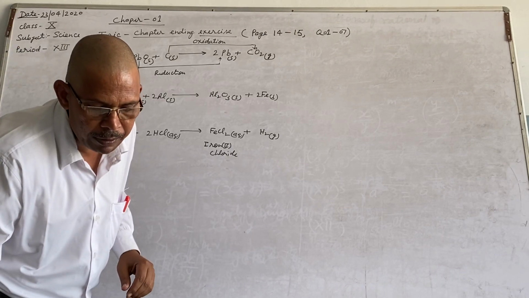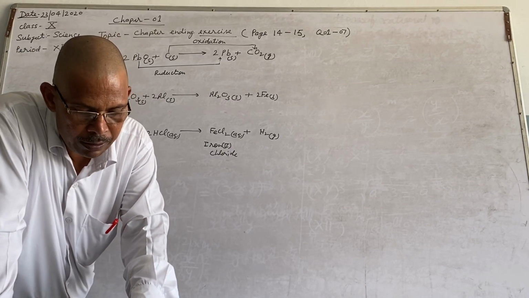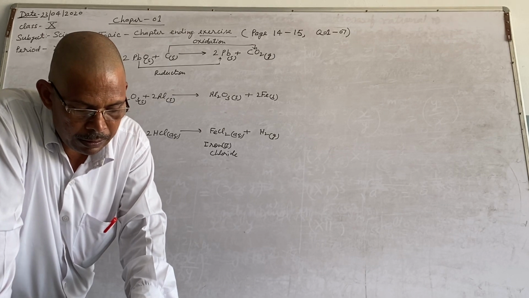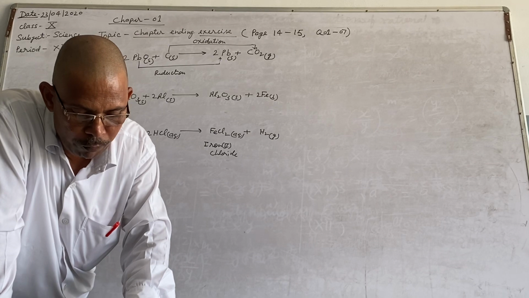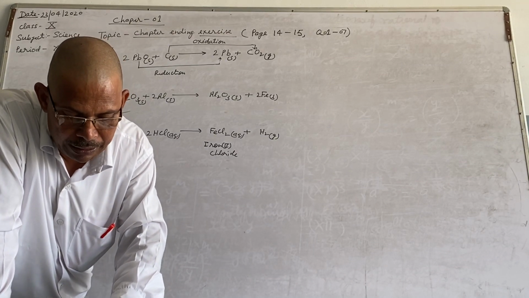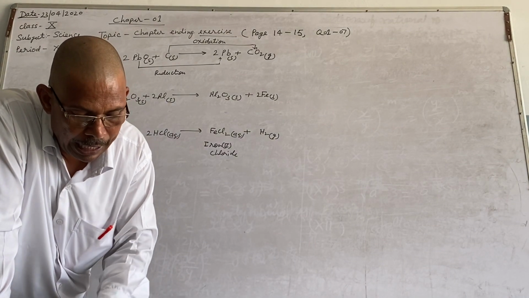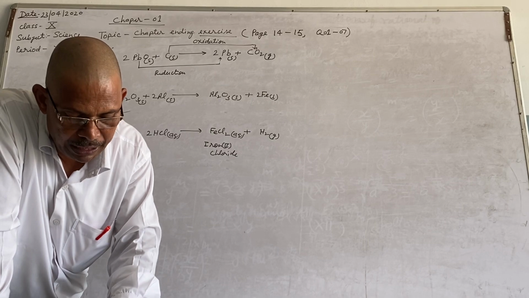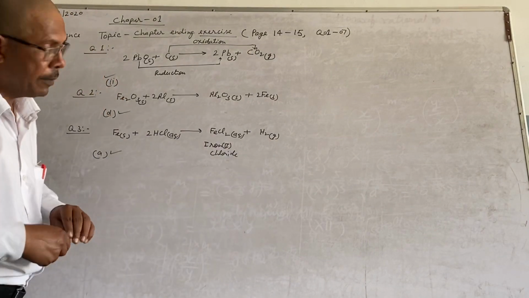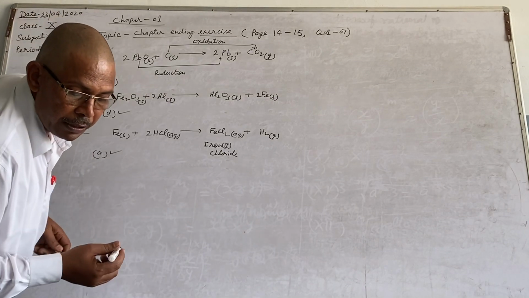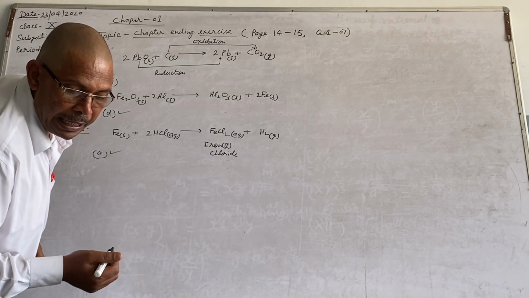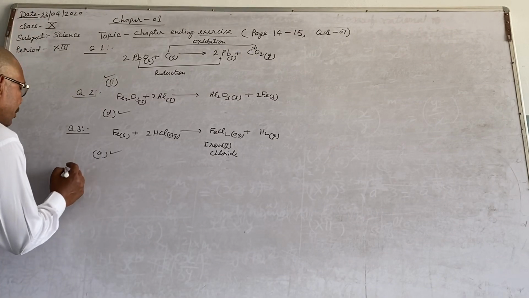Question number 5. Translate the following statements into chemical equations and then balance them. Hydrogen gas combined with nitrogen gas to form ammonia.